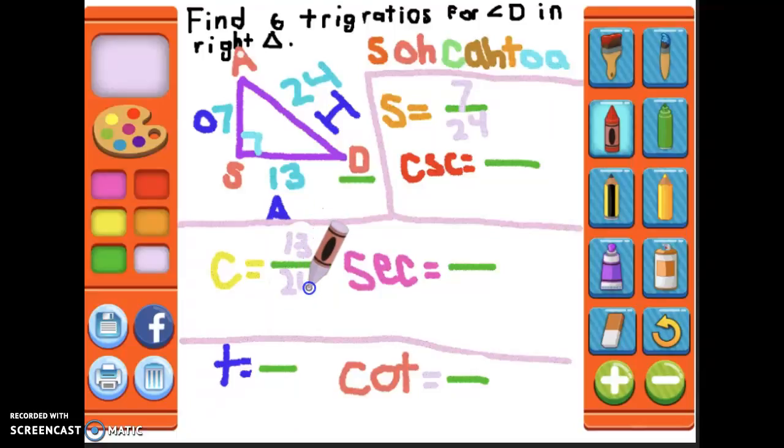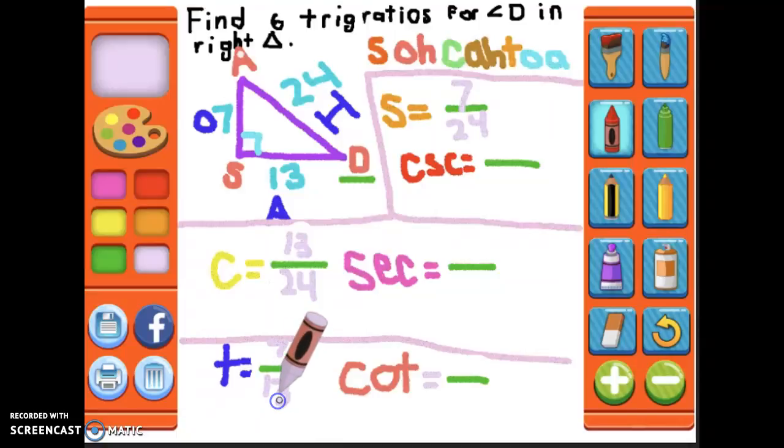For tangent, we have opposite over adjacent, sorry, I got mixed up with my words. So opposite over adjacent is 7 over 13.